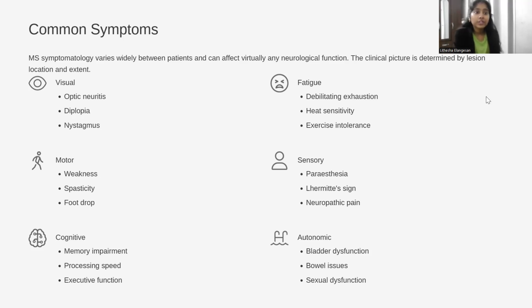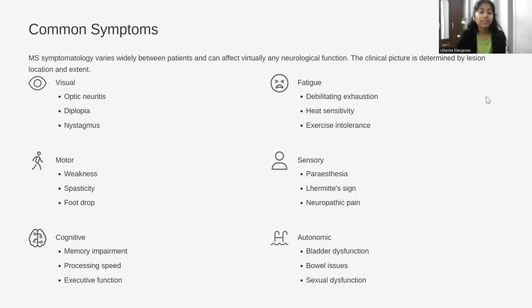Certain conditions that can occur are optic neuritis, diplopia, and nystagmus. We also have motor problems that can arise because there may be problems with impulses reaching your motor organs, so your feet and hands. You can have weakness, spasms, foot drop, and similar other things. Eventually, some people can become disabled where they won't even be able to move.